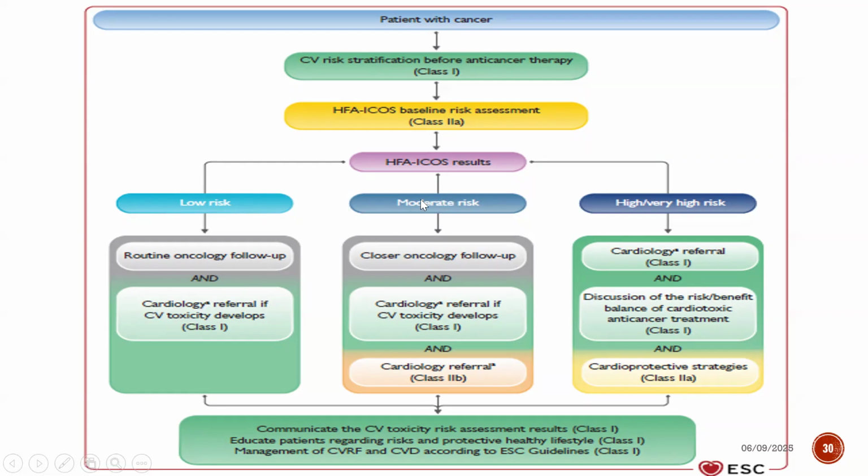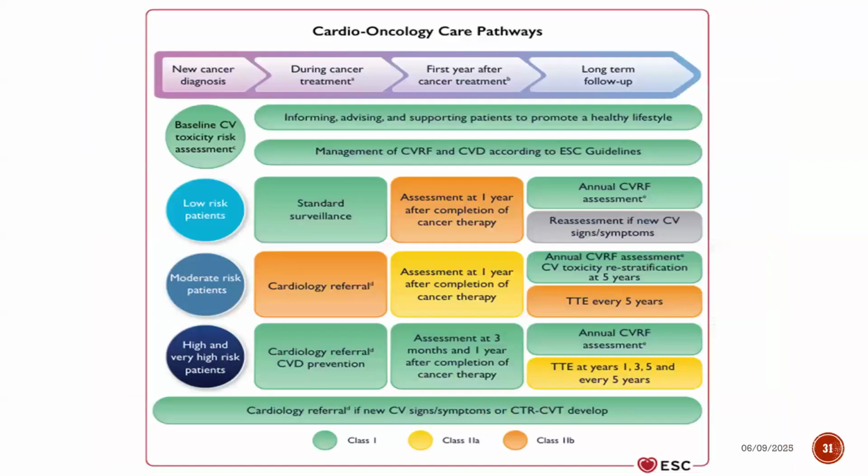For the moderate risk patients, as in those in the middle, they will require closer cardio-oncology follow-up and also need cardiology referral if cardiovascular toxicity develops at any point. But before that, you may also consider referring for cardiology assessment even before they develop any toxicity.